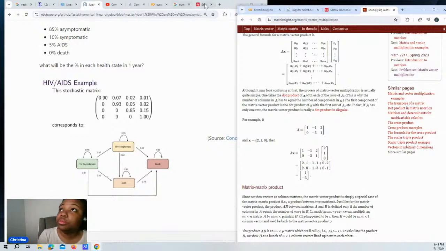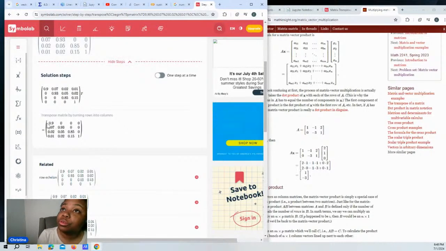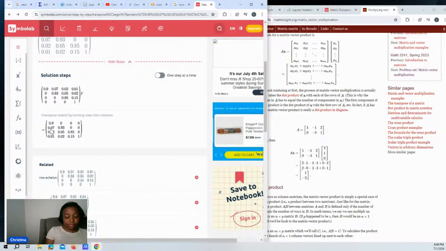And according to Symbolab, if I transpose, then that's the same as all those zeros. Now, if I do 0.7, I need to not do this stuff in my head. Okay. 0.07 would then be times 0.10, but 0.93 would be times 0.05, and you add those two together. Let's see.